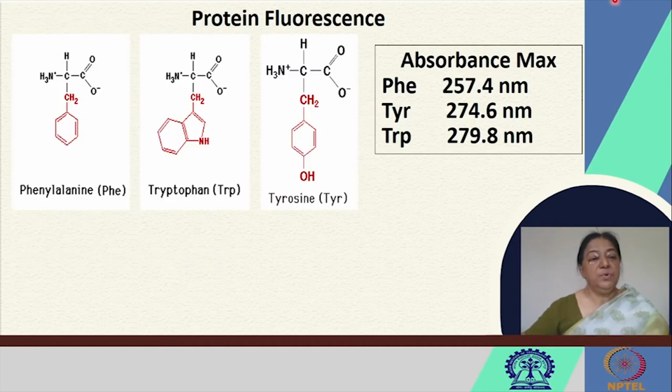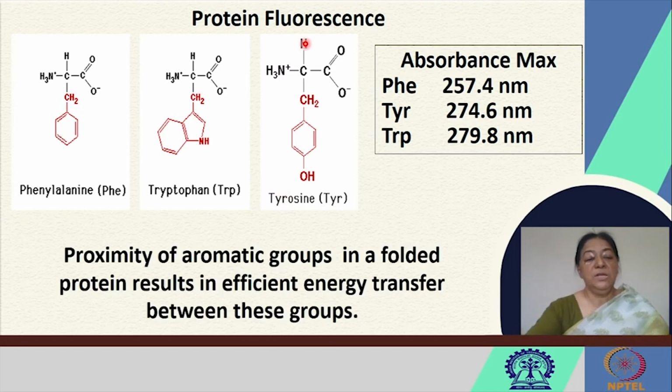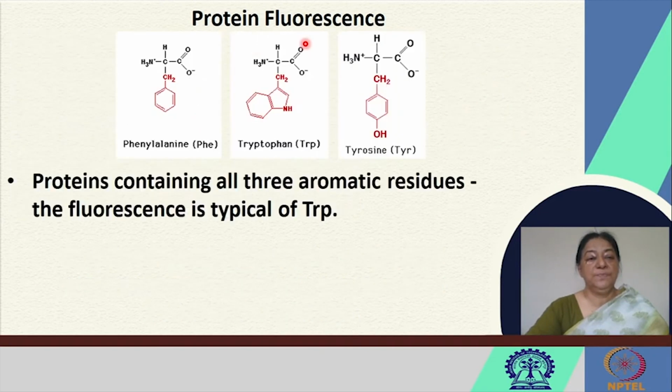When we look at protein fluorescence, as we have seen before, we look at these three aromatic amino acid residues that are responsible for protein fluorescence. Given the proximity of the aromatic groups in a folded protein, there is efficient energy transfer between these groups.